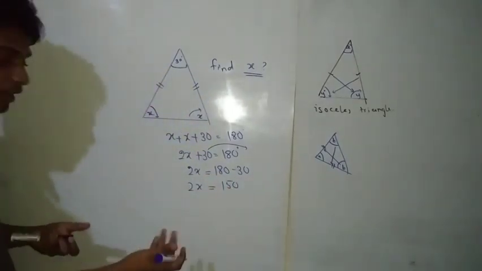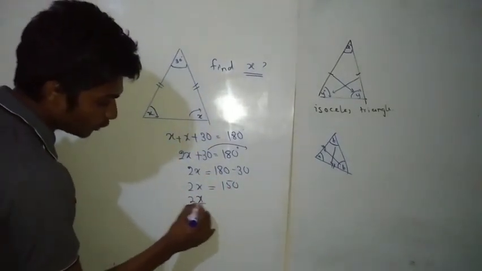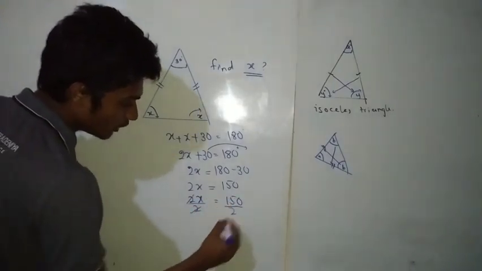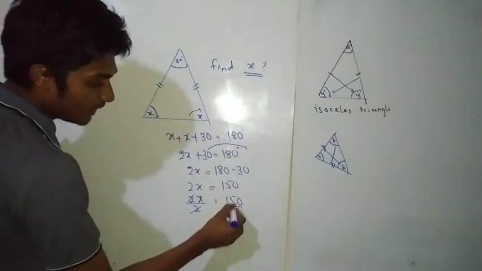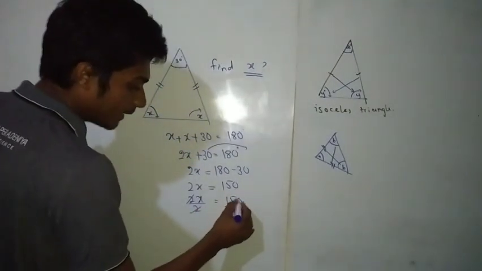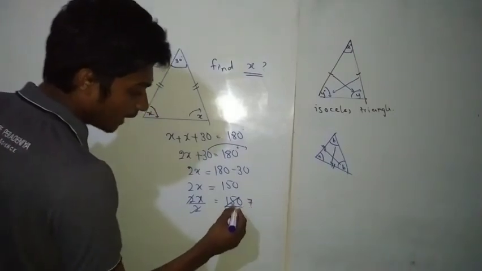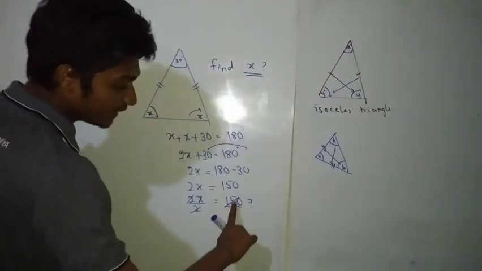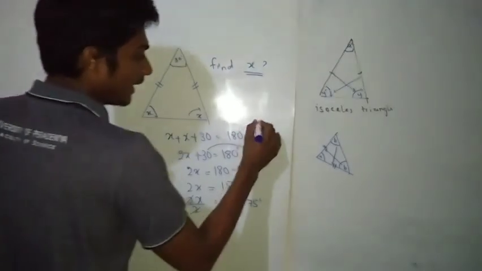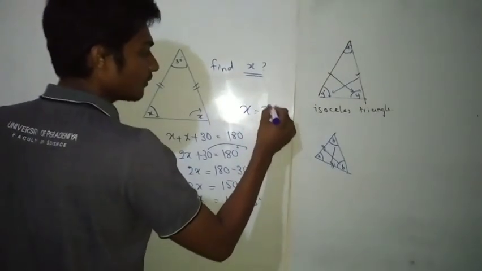If 2x is equal to 150, x is equal to 150 divided by 2, which is 75, so x is equal to 75 degrees.